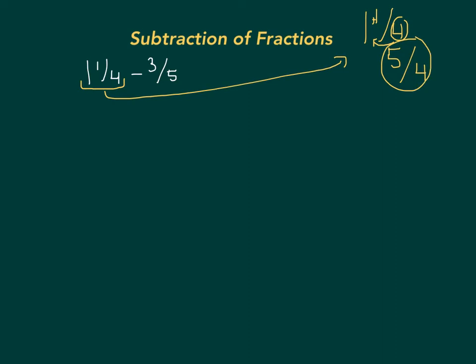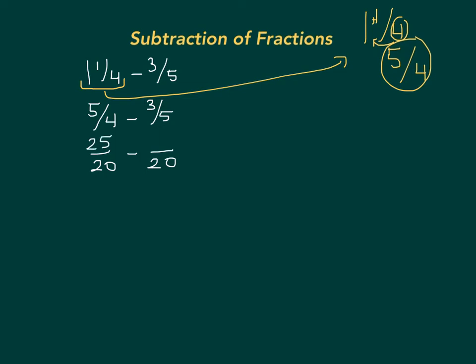Okay, so now our expression can be written as 5/4 minus 3/5. And same as our addition, we find our common denominator, which from the other question we saw was 20. Subtract over 20. And our 4 goes into 20 5 times, and 5 times 5 is 25.